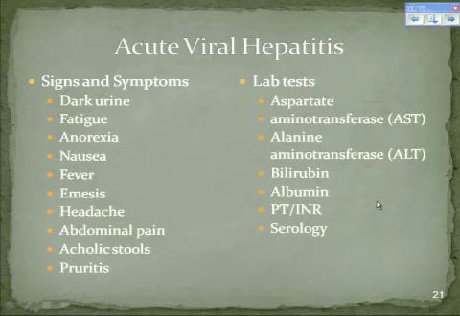A lot of times you'll get fever from the immune reaction. Patients will get emesis, especially if they take in fatty foods. Headaches, abdominal pain, and acholic stools, meaning their stools turn white, are what you tend to see because your bile is not being produced properly from the inflammation.